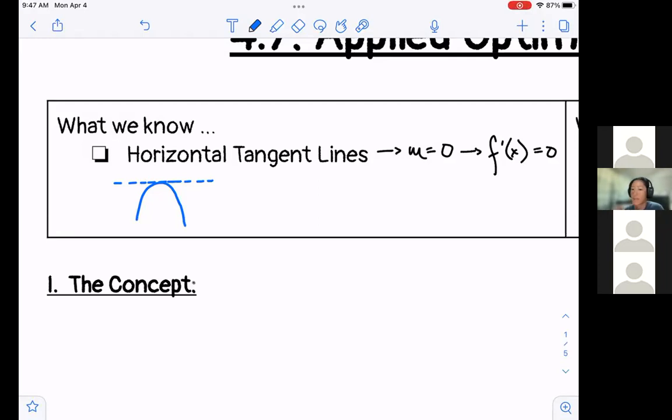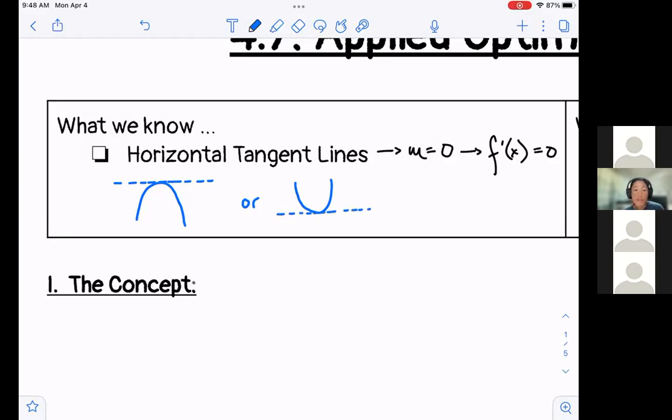What's another way that I could draw something that has a slope of 0? I'm thinking more visually. What if we did something as simple as a U situation?